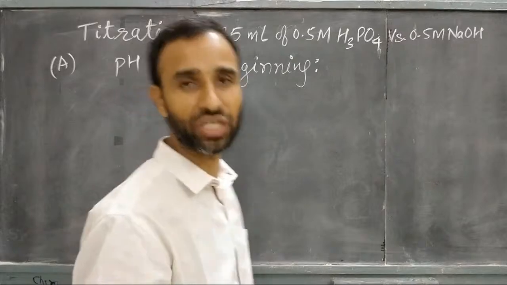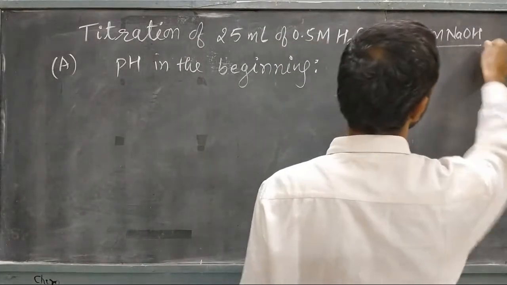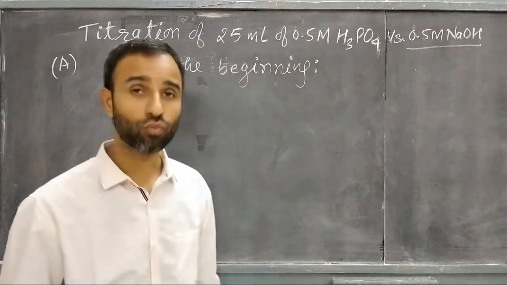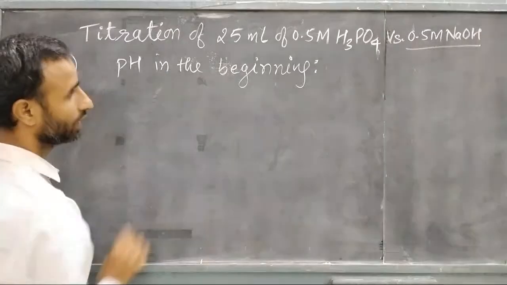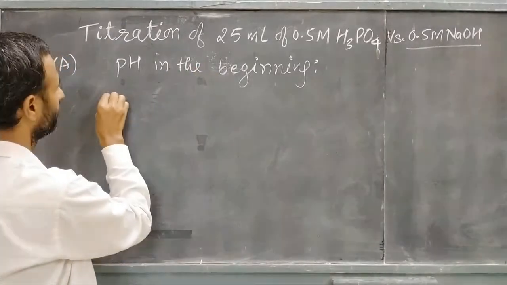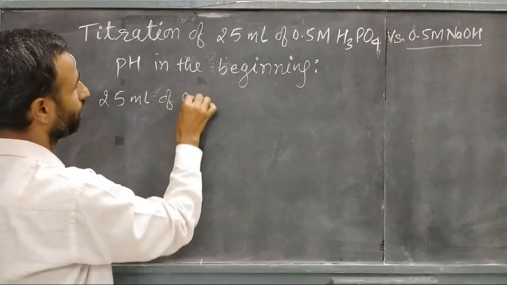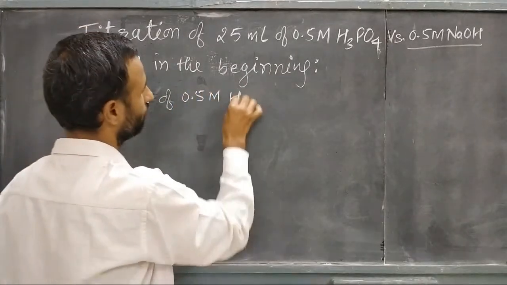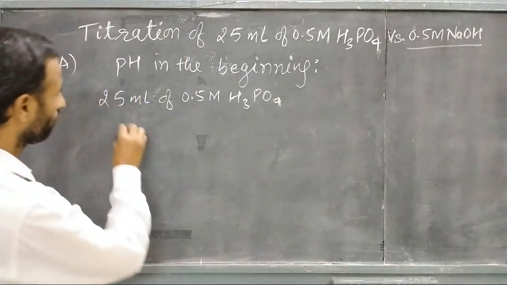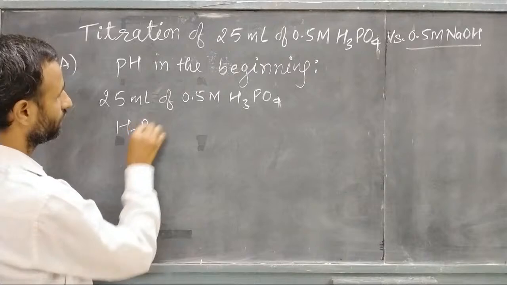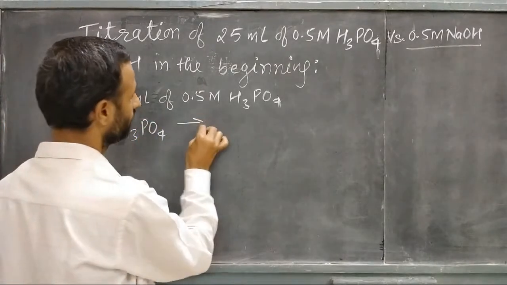When we begin the reaction, titration, when no sodium hydroxide is added, then what is the pH? So in the beginning we have 25 ml of 0.5 molar phosphoric acid, right? And it is phosphoric acid solution.